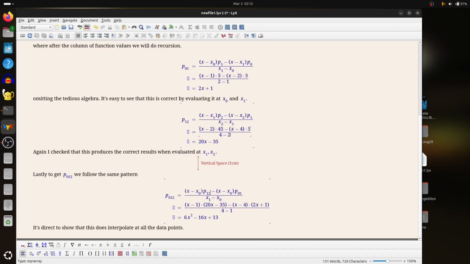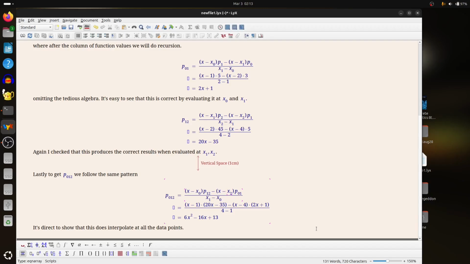X minus x0 P12 minus x minus x0. I'm going to need to go back and double check that. X minus x0 P12 minus x minus x2 P01. x minus 1, x minus 4, P12 is 20x minus 35.